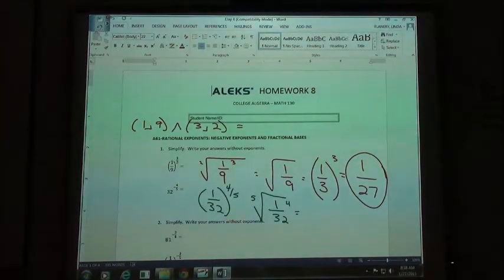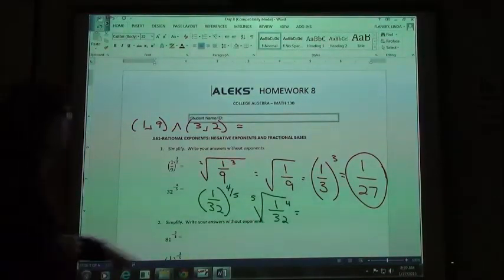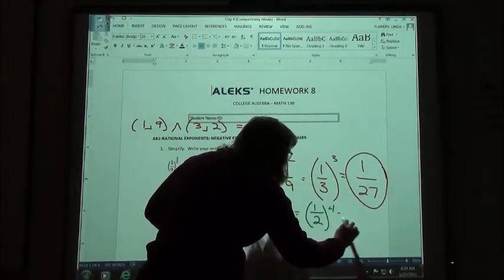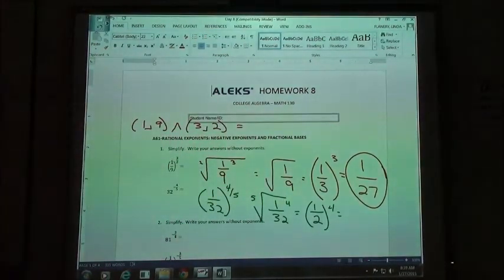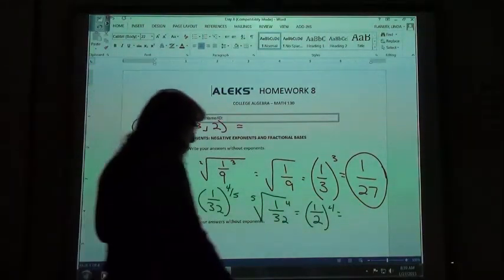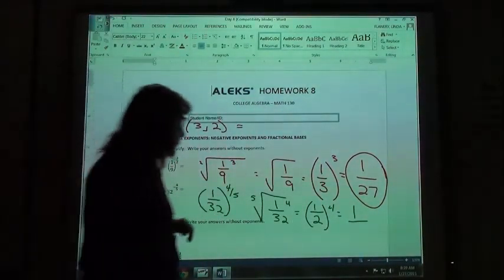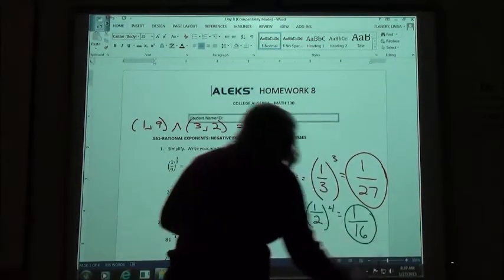Because if you did 4 times 4 times 4 times 4 times 4, you'd have a really big number, right? 2, right? 2 times 2 times 2 times 2 times 2 is 32. So the 5th root of 1/32 would be 1/2. And then I'm going to take my 1/2 to the 4th power. And if I take 1/2 to the 4th power, I'm going to get 2 to the 4th? 16, exactly. So 1/16.